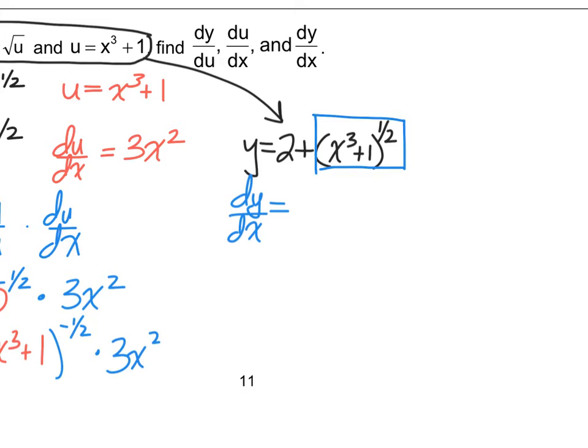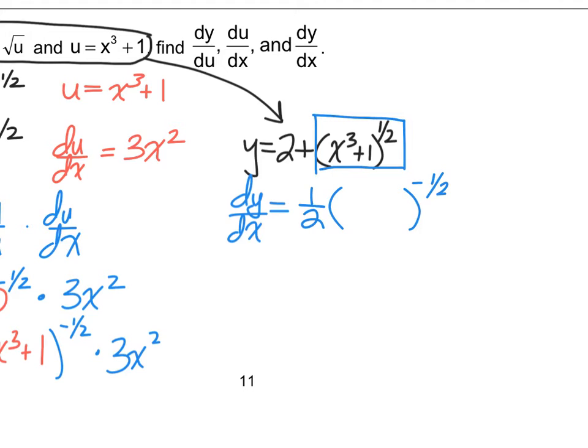All right, so I'm going to take the derivative around the inner function. So ignoring my inner function, I have something to the 1/2. The derivative of something to the 1/2 power would be what? 1/2 something to the negative 1/2 power. And you can see really that the u is the something. The way it was set up, they told us what the something was.